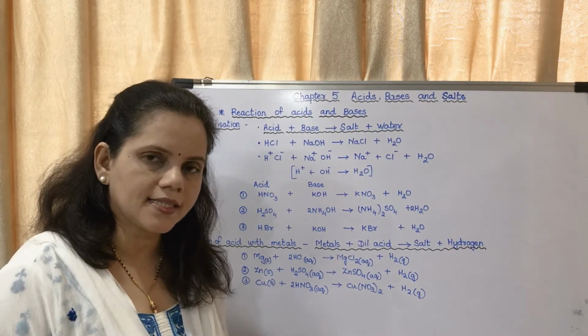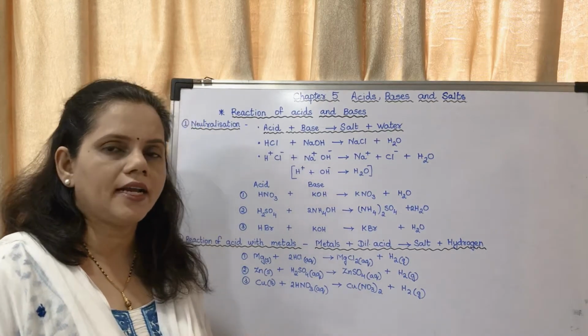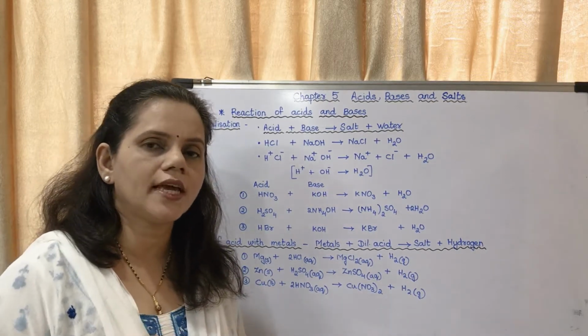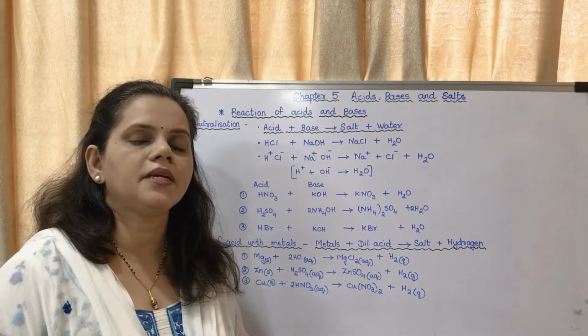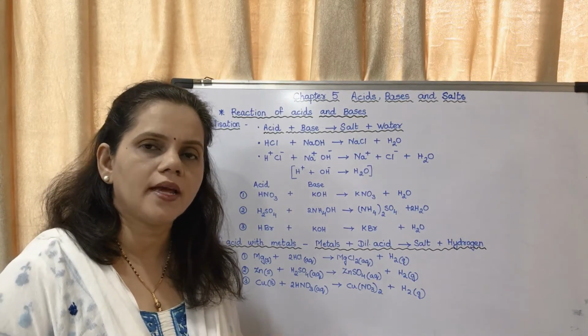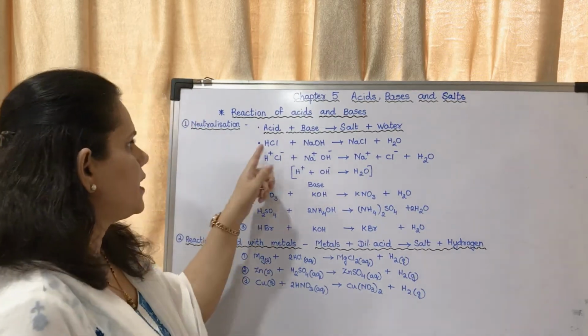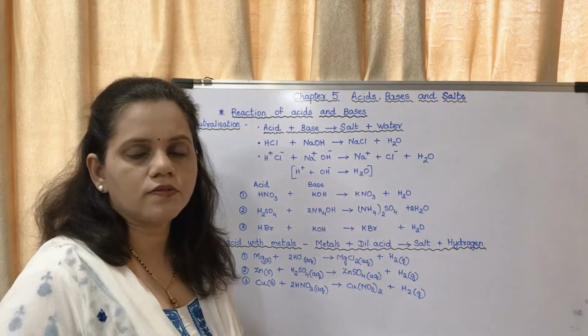HCl is an acid and NaOH is a base. So when you are adding, they dissociate. Dissociate means separate. That means H plus and Cl minus get separated and Na plus and OH minus get separated.